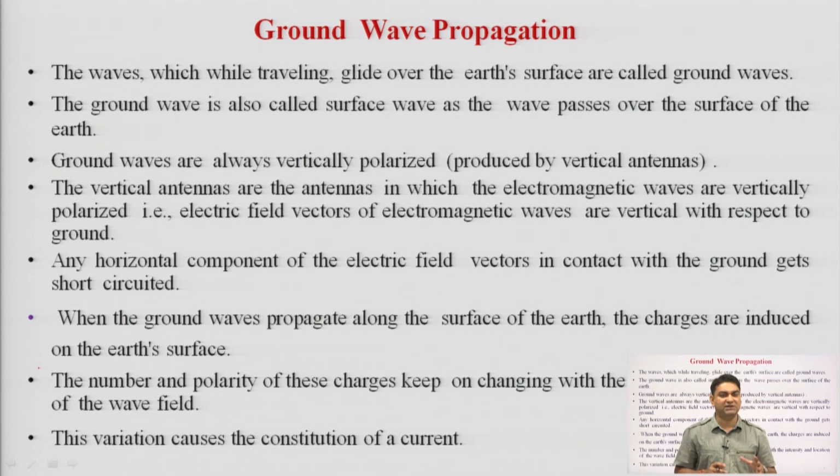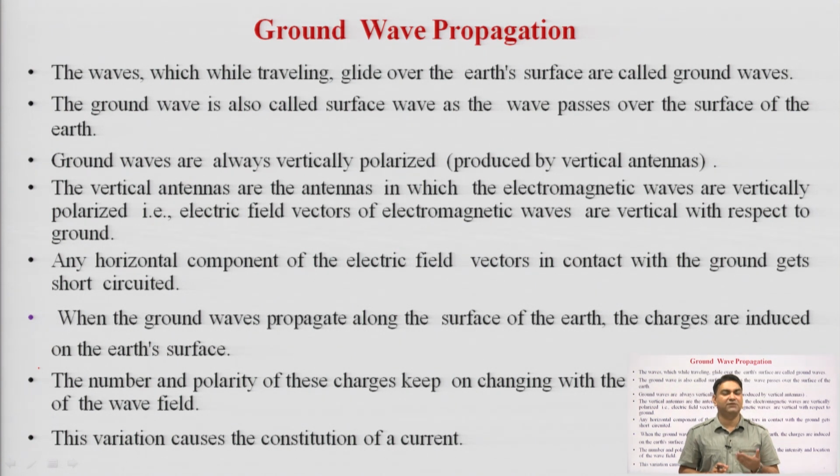That is why we can say that all the antennas which utilize ground wave or surface wave propagation as their mode of propagation for the communication of electromagnetic waves or radio waves are producers of vertically polarized waves, or vertically polarized antennas.